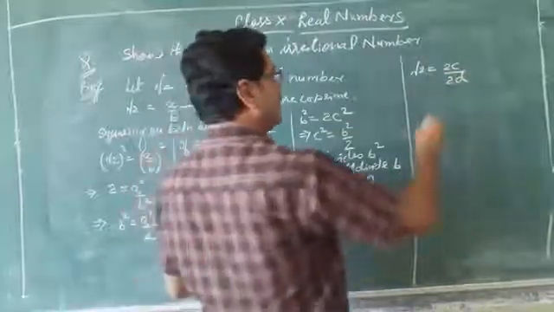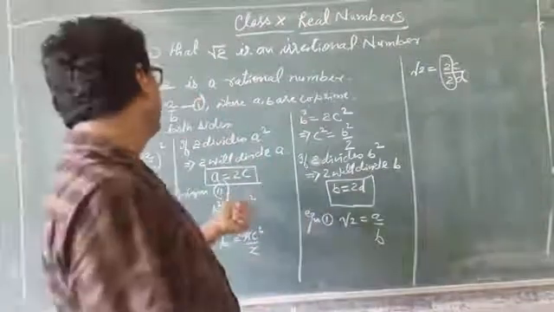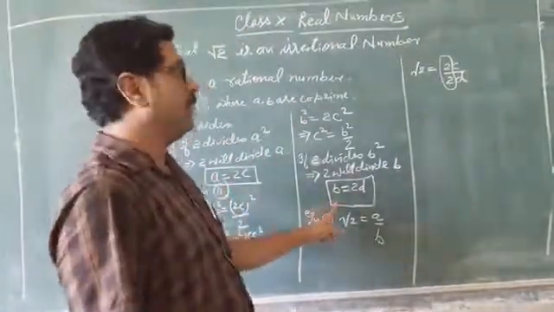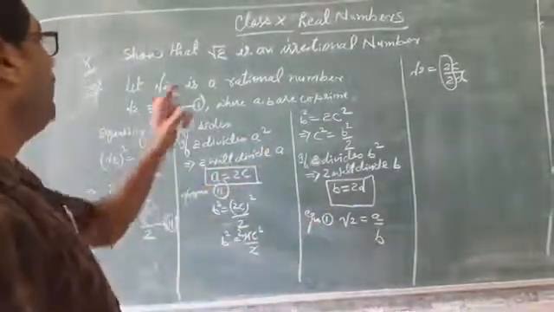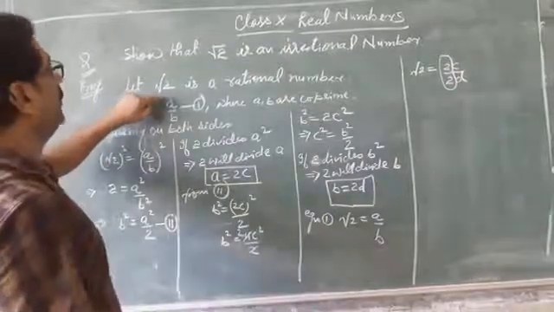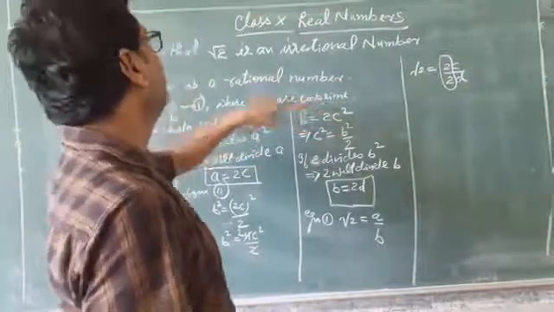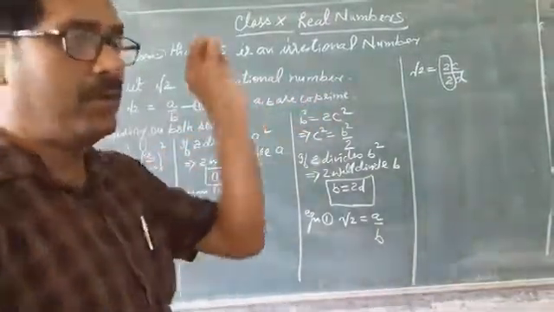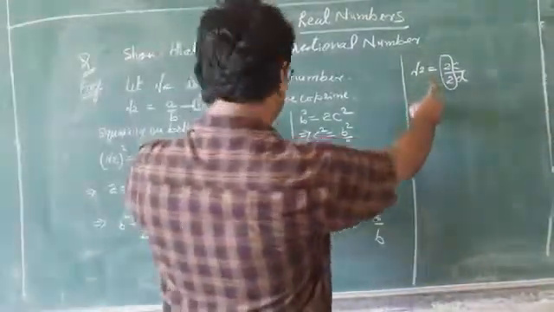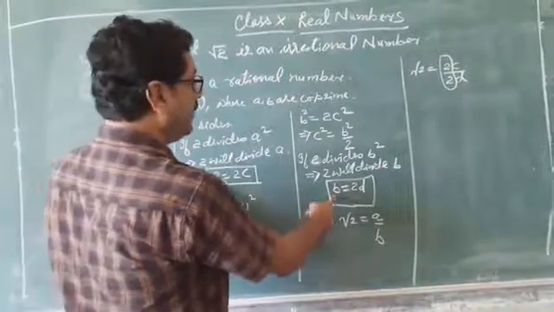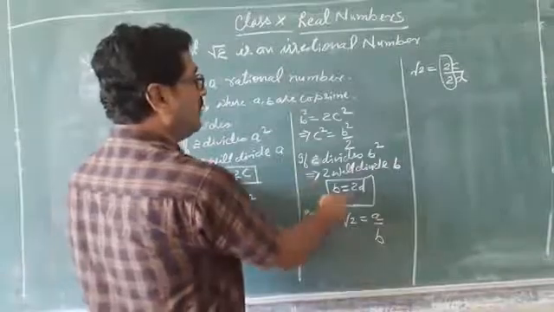We can see that 2 is a common factor of a and b. We assumed that root 2 is equal to a upon b, where a and b are co-prime, meaning a and b have only one as a common factor. Here we find that a and b also have 2 as a common factor.